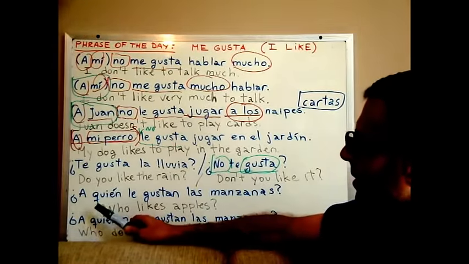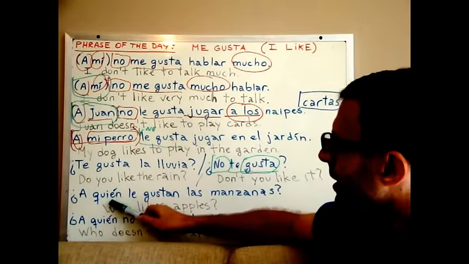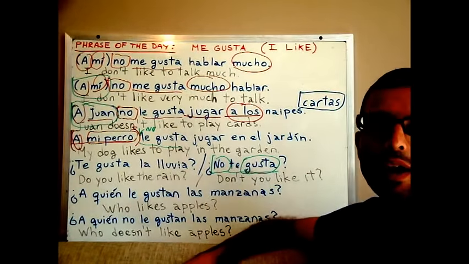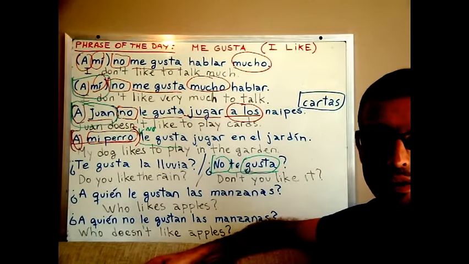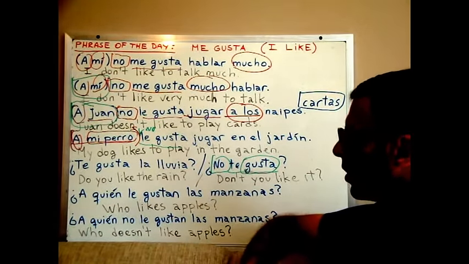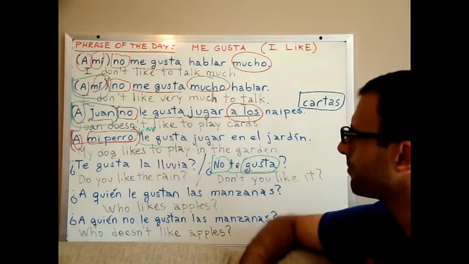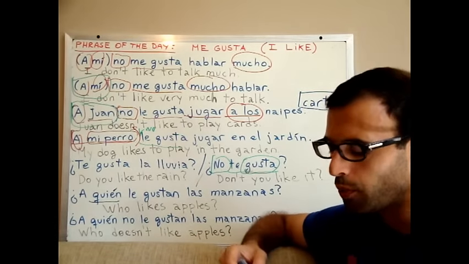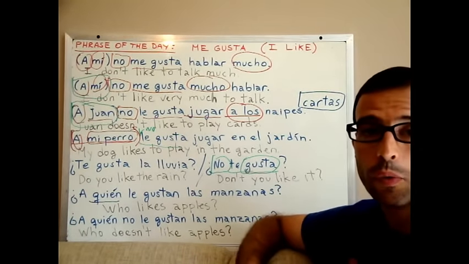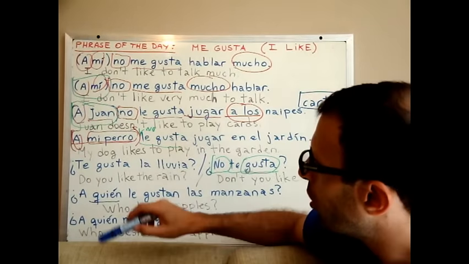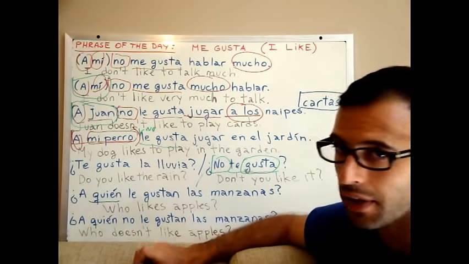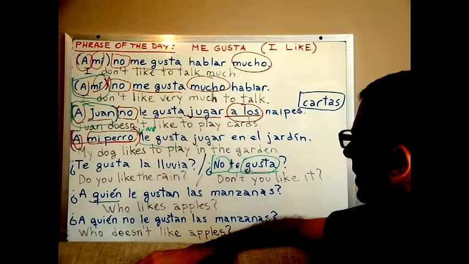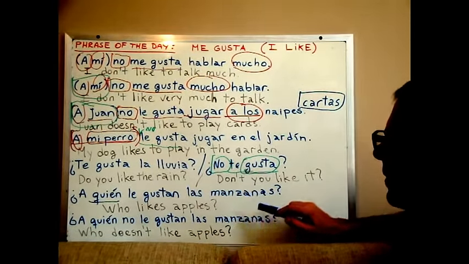Our next sentence is, ¿a quién le gustan las manzanas? This means, who likes apples? The word quién means who, right? The word quién, meaning who, always carries a tilde on top of the letter i. Manzanas, as you know, is apples.